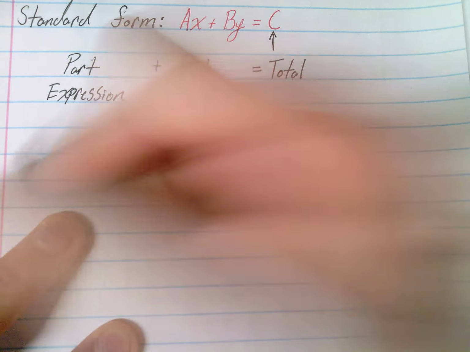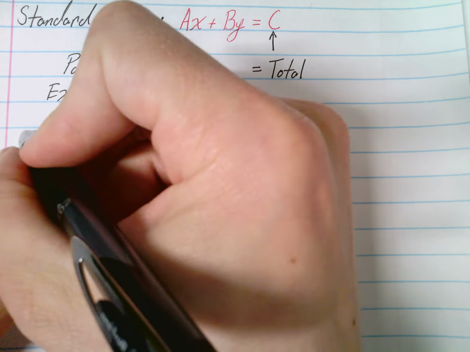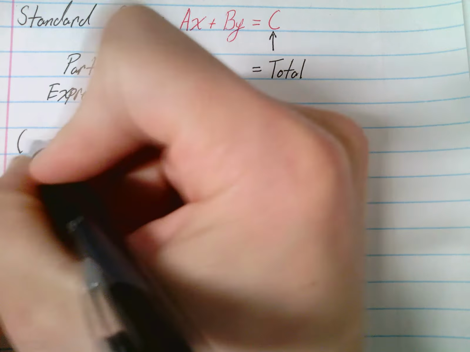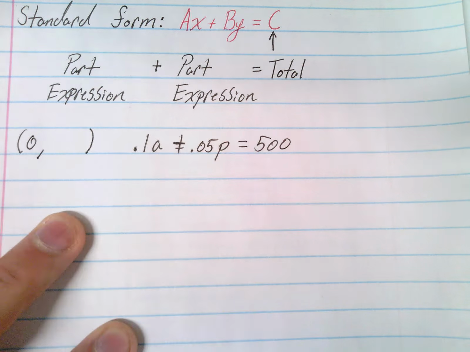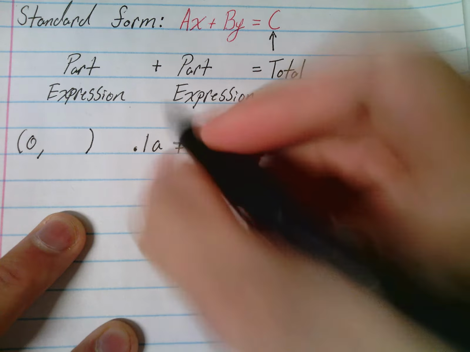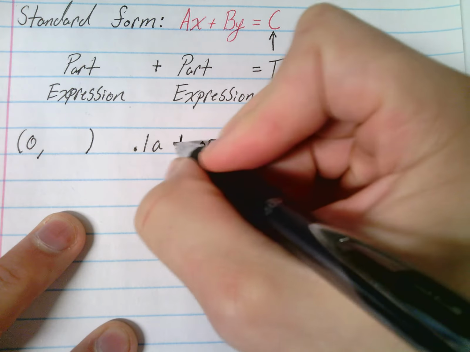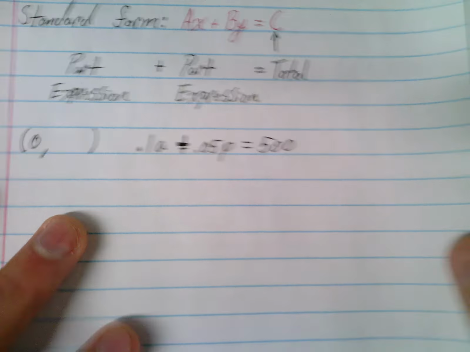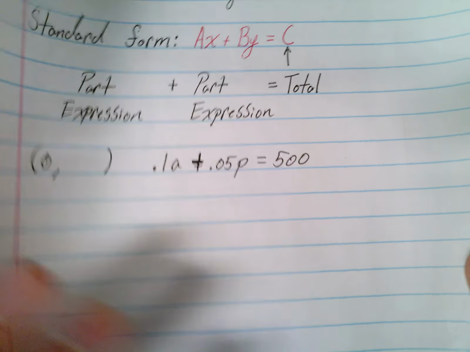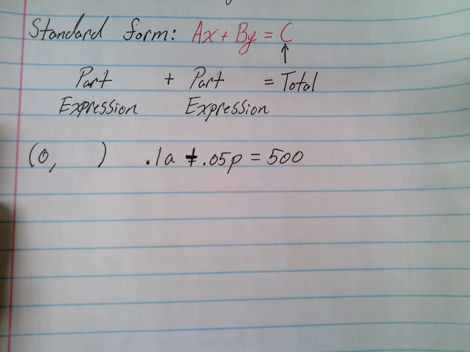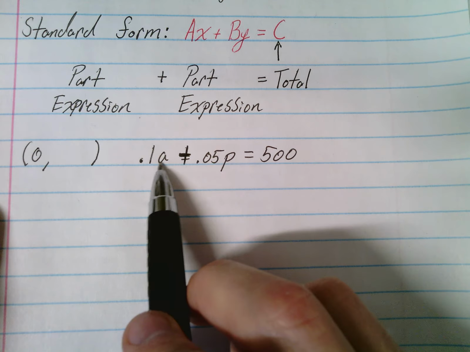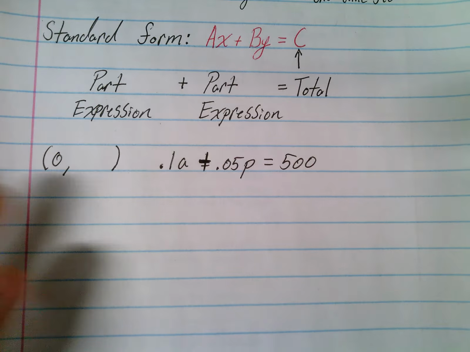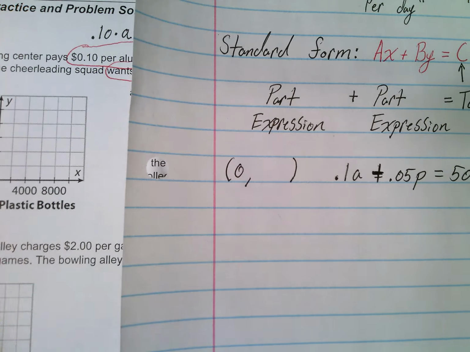What I want to do is find my y-intercept. To find my y-intercept, that's where x is 0. So I'm going to plug in 0 for x. My A in this case, my aluminum cans, can be either my X or my Y, since we said A here instead of X and Y. Let's look at the graph they gave us to see if that clears anything up.